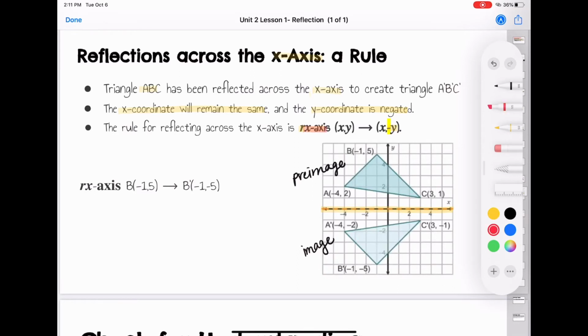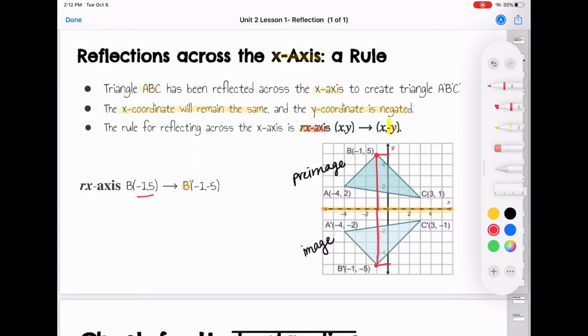Well, what does this look like? In the pre-image, we can see the vertex B is located at -1 and 5. So we have B at -1 and 5. According to the rule of the reflection across the x-axis, we can conclude that B prime, which is our image, when it is reflected across the x-axis, is going to be located at -1 and -5.